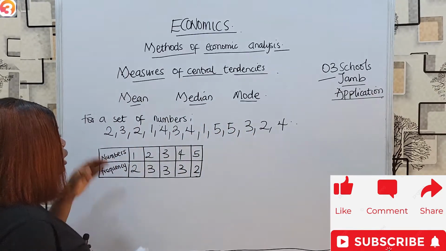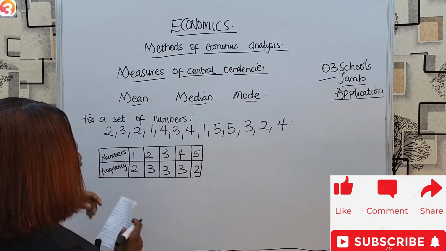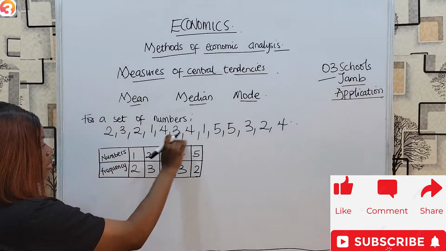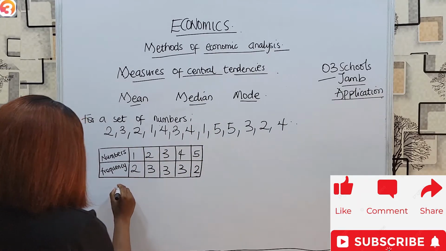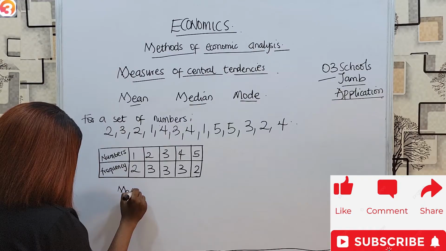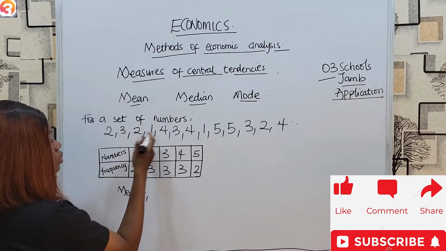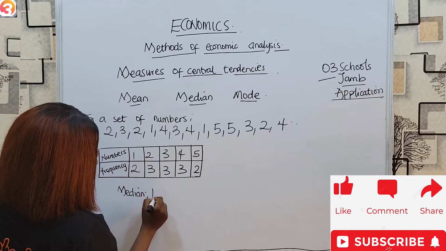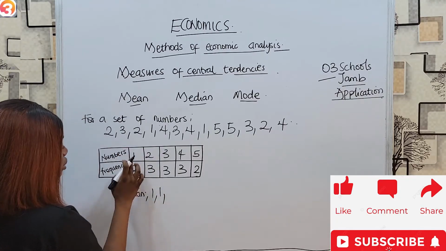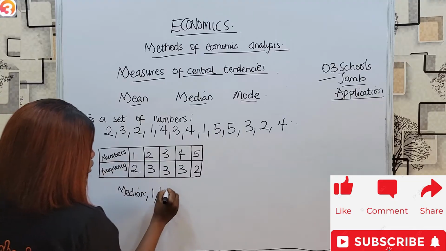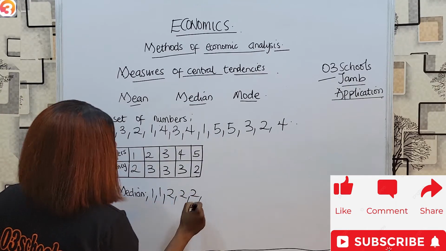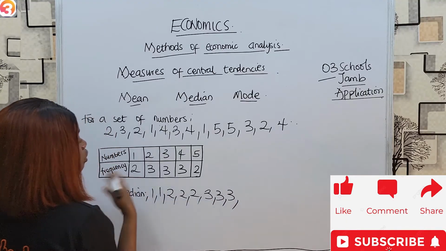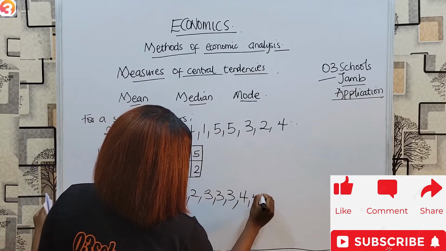For example, let's look at this set of numbers. It is already arranged here in the frequency table, but let's arrange it here first before we move forward. Starting with 1 in ascending order: 1, 1, 1 appears twice. 2 appears 3 times: 2, 2, 2. 3 appears 3 times: 3, 3, 3. 4 appears 3 times: 4, 4, 4.